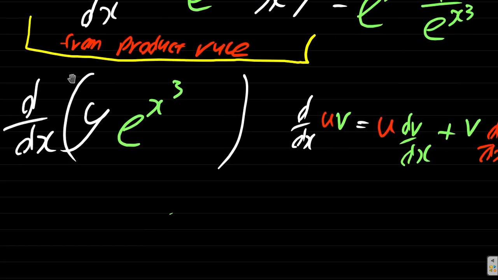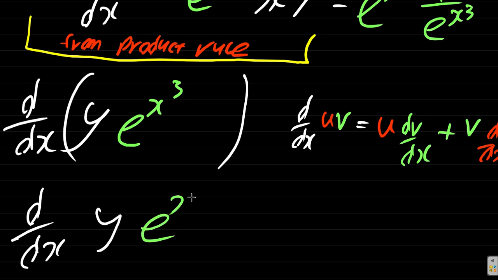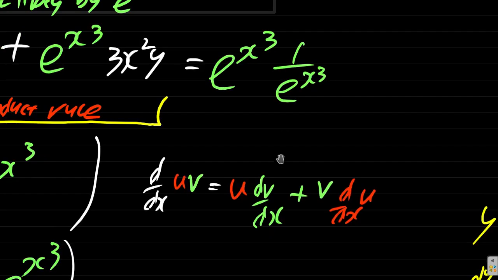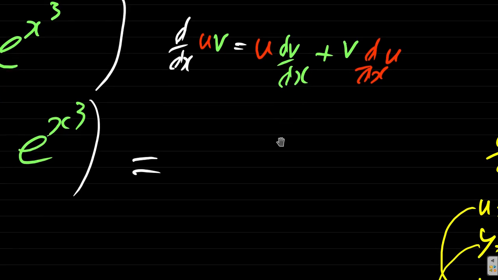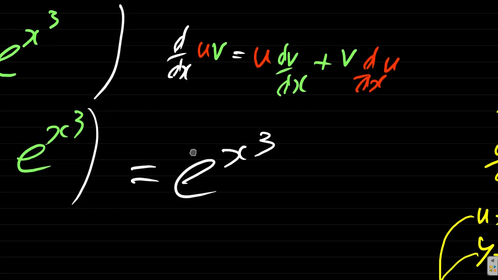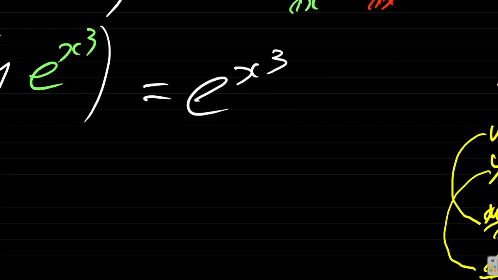Now, d by dx of y e to the x cube, that's the product, is equal to what was on the right hand side, e to the x cube times 1 over e to the x cube.